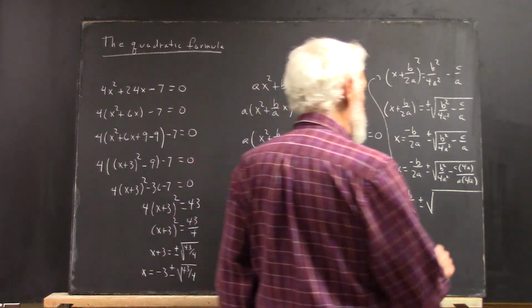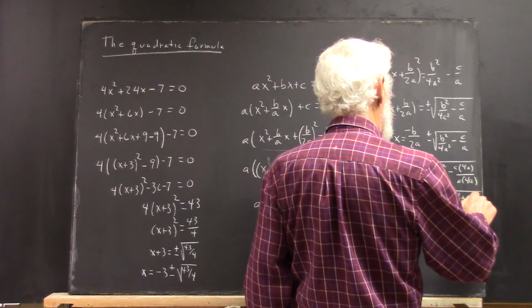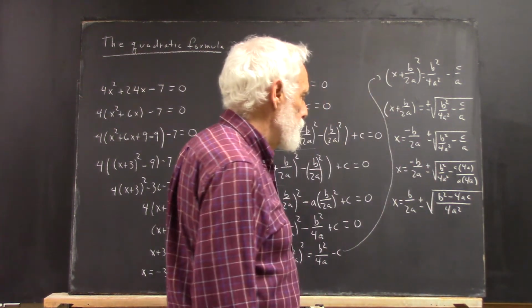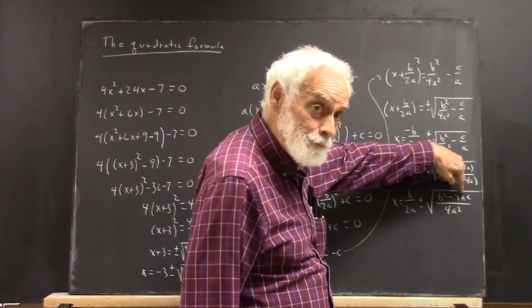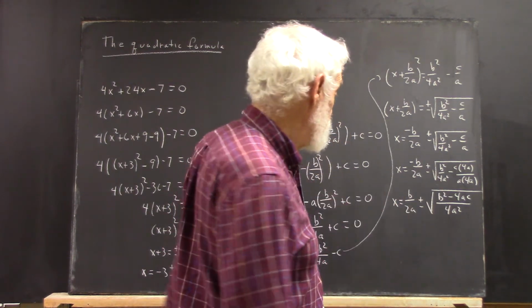So now I have b squared minus 4ac in the numerator. This is the common denominator, 4a squared.